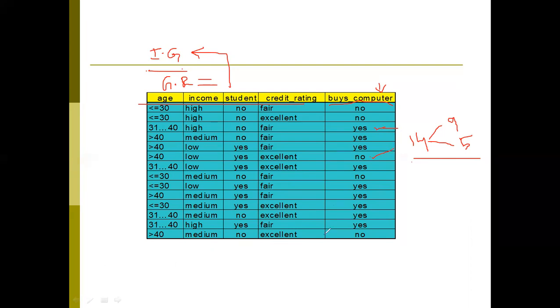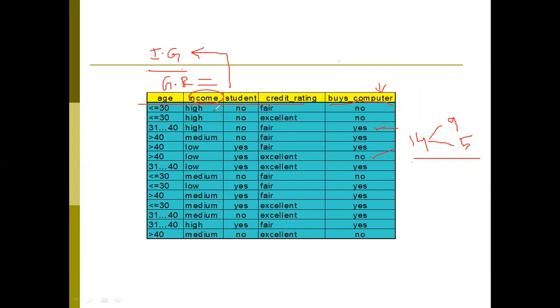After that, now in gain ratio, I am going to use one attribute, that attribute is called income. Here I am going to use the income attribute to calculate the gain ratio. So if you observe this income attribute, how many data objects are there in this income attribute?